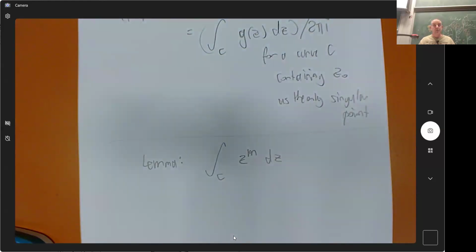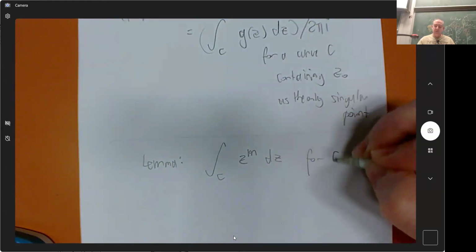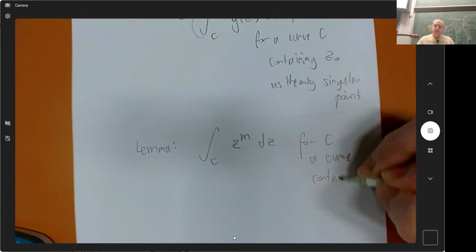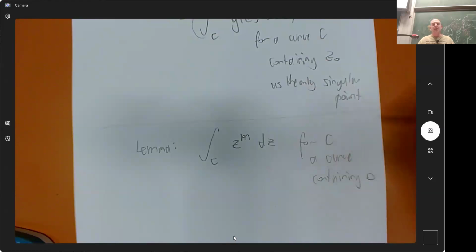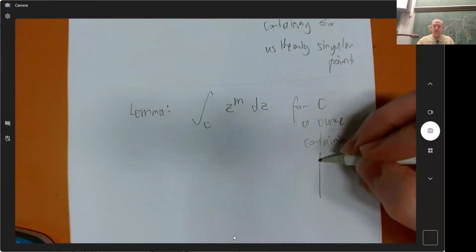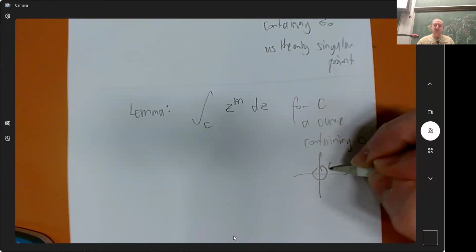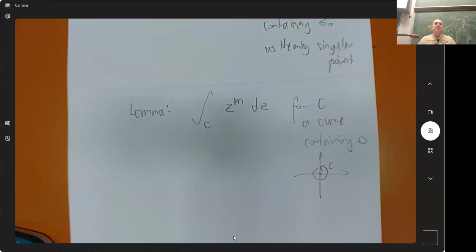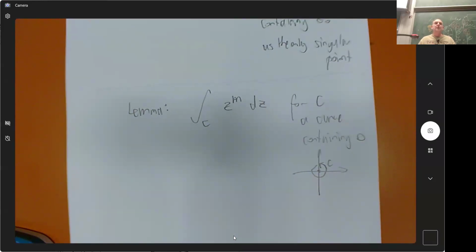that this integral for C containing 0. I mean, it's an anti-clockwise curve containing 0. So we're imagining here's 0 and C is like that. Always comes out to 0 unless m equals -1.